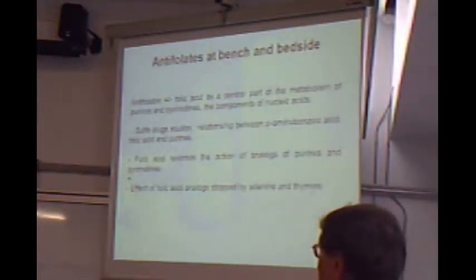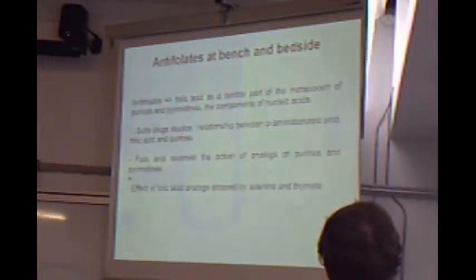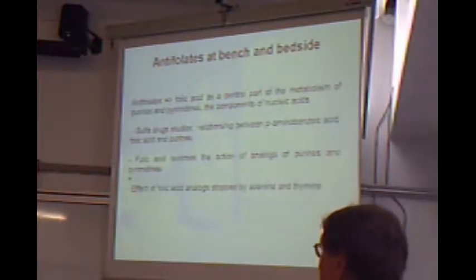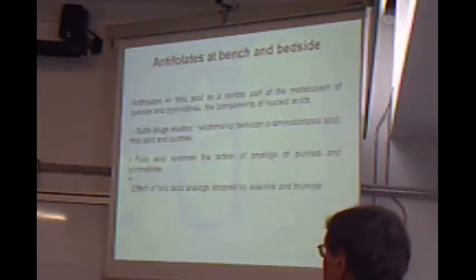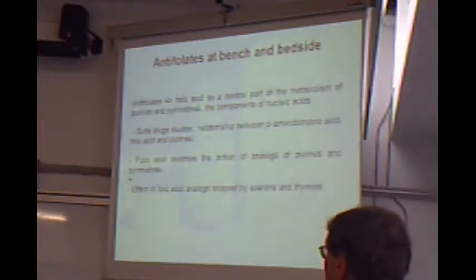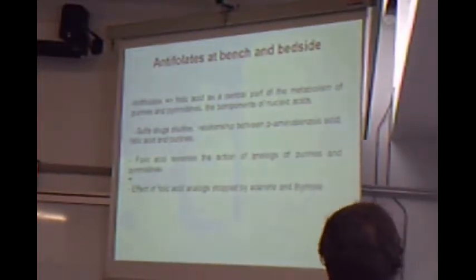And the first proofs on this matter, the fact that folic acid is involved in the metabolism of nucleic acids, were brought about by anti-metabolites. So very quickly, investigation on sulfa drugs led the researchers to the idea that there was a relationship between pyrimidine, benzoic acid, folic acid, and purines.